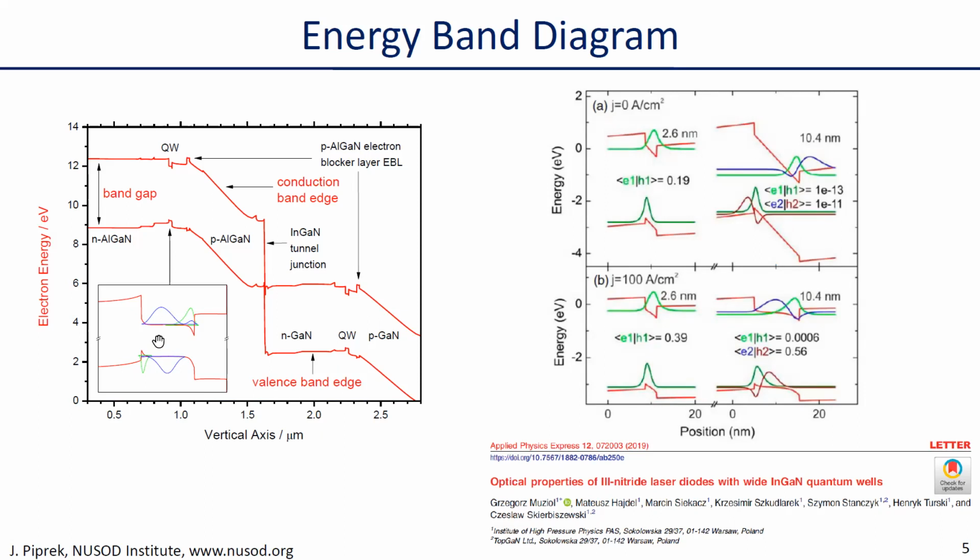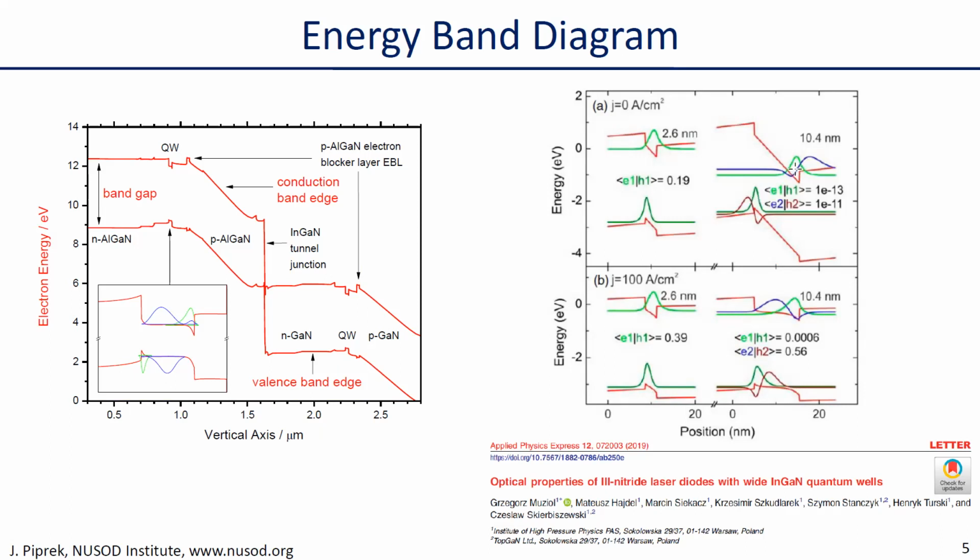That almost seems impossible because common wisdom for gallium nitride-based devices is that we need very thin quantum wells because the strong built-in polarization field separates electrons and holes. If we want to generate photons, these two wave functions have to overlap, and that only happens in thin quantum wells. When we make the quantum well thicker, as you see here, electron and hole wave functions are separated.